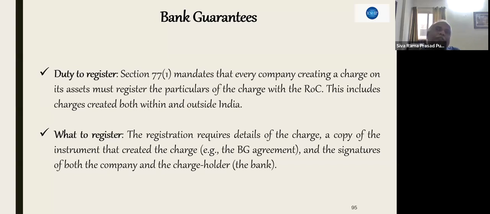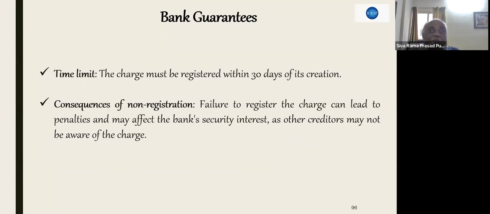For every bank guarantee, banks also create a charge with the ROC. Time limit: the charge must be registered within 30 days. Consequence of non-registration: failure to register the charge can lead to penalties, it may affect the bank's security interest, and other creditors may not be aware of the charge. So that's why within 30 days, the charge is to be created.